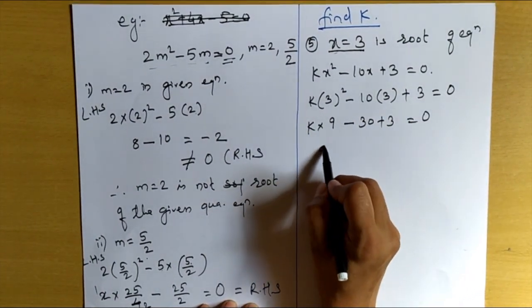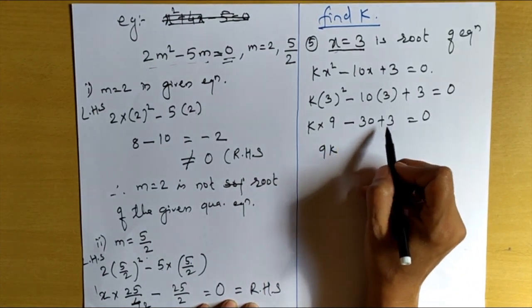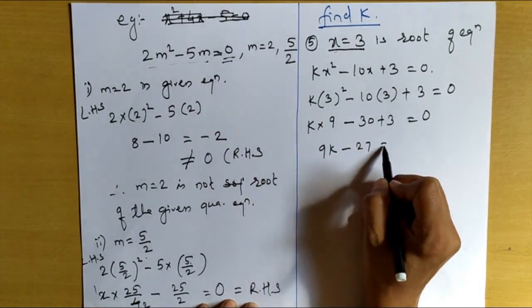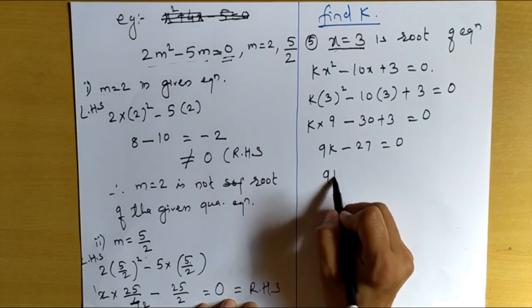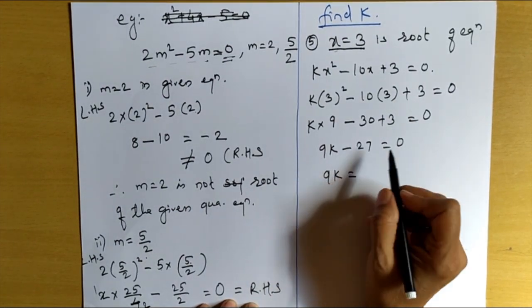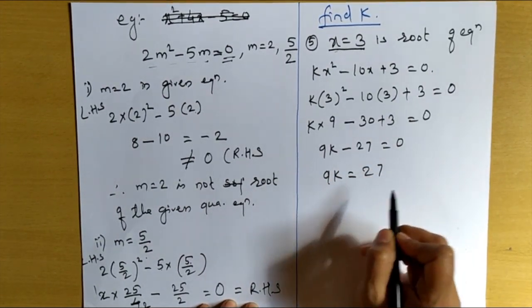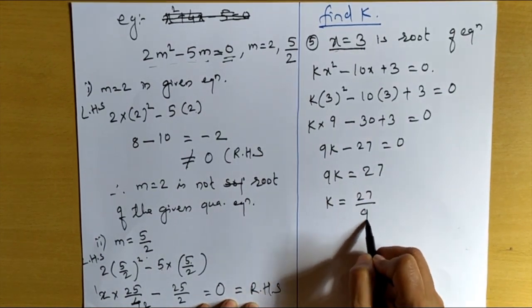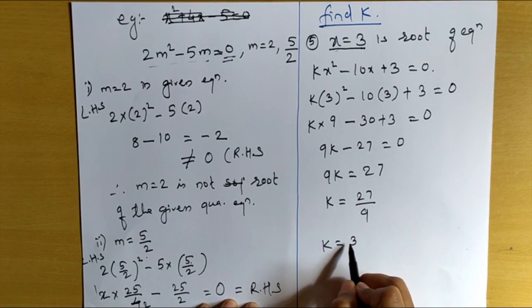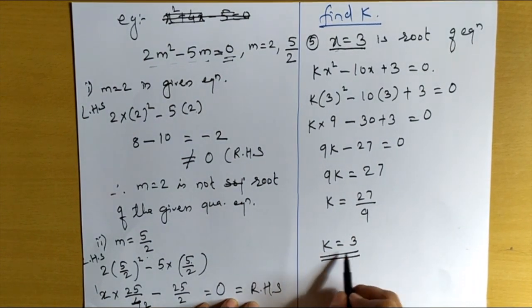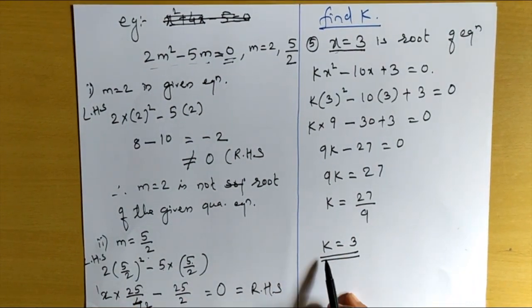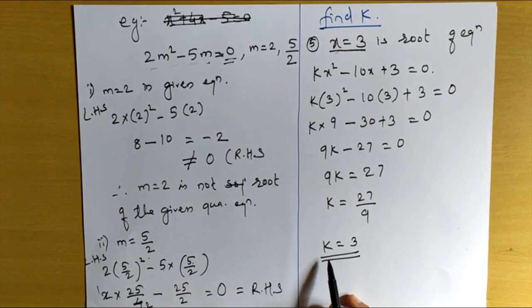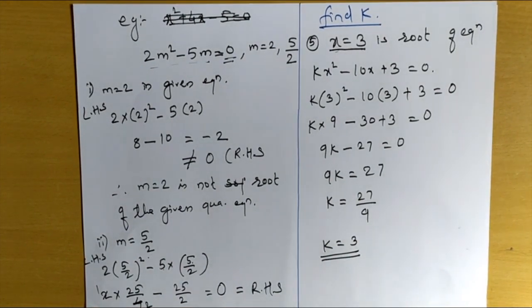So this will be 9k minus 30 plus 3, which is minus 27, equal to 0. 9k equals minus 27; transferring to the other side, it will be plus 27. k is equal to 27 by 9, and k is equal to 3. So in this way we get the value of the constant k as 3.